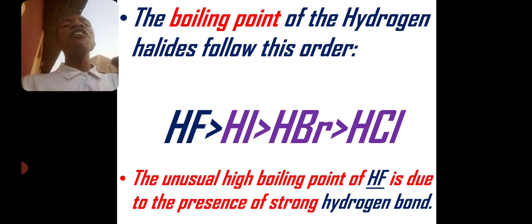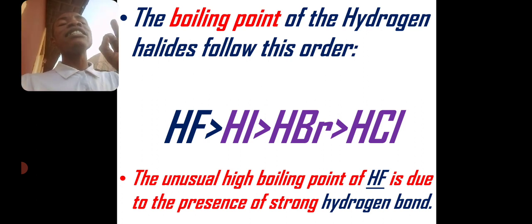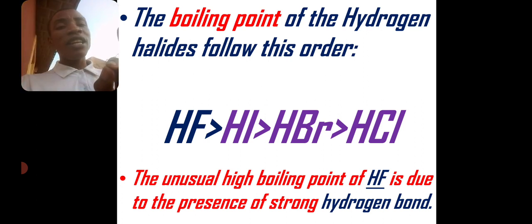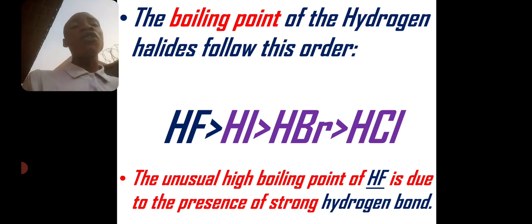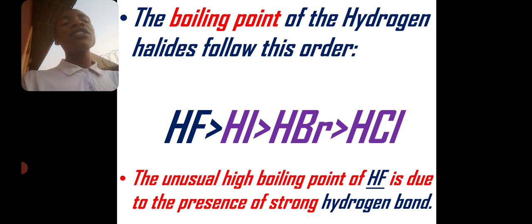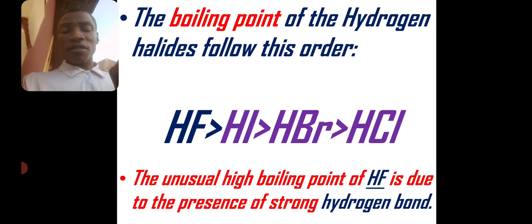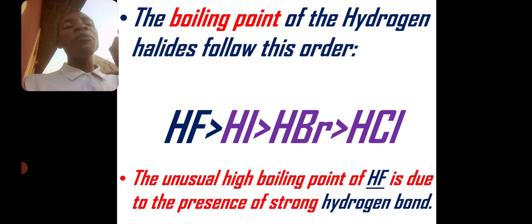So because hydrogen fluoride contains intermolecular hydrogen bonds, its boiling point will be higher than the rest of the compounds in that series because they have only van der Waals force. So that's why hydrogen fluoride comes first. But hydrogen iodide, hydrogen bromide, hydrogen chloride follow that order.